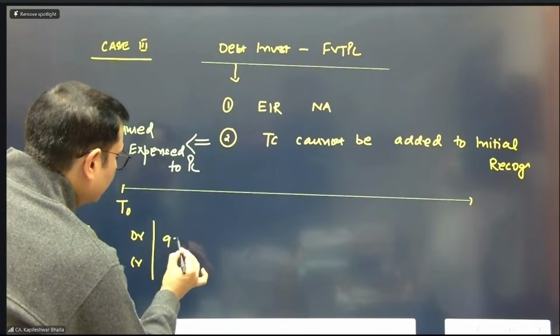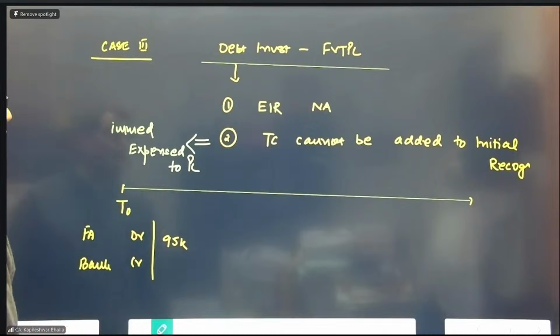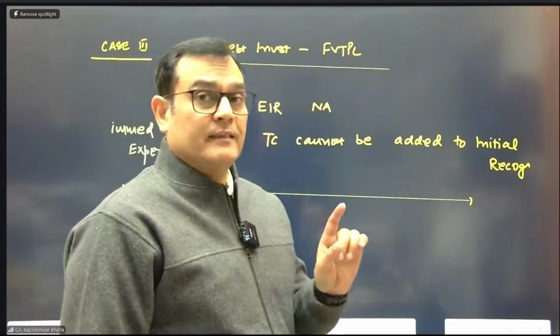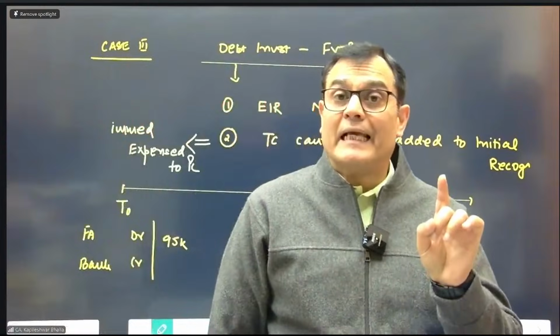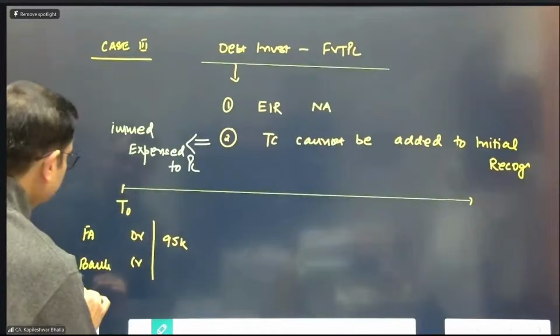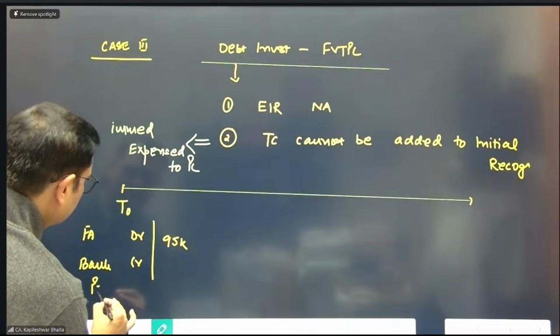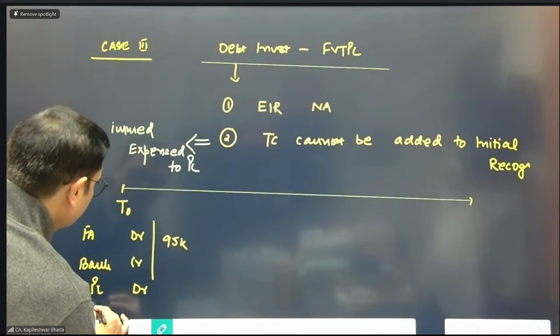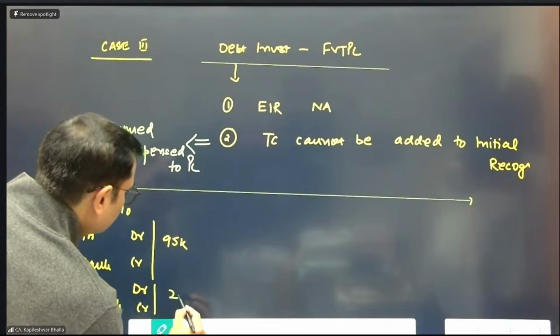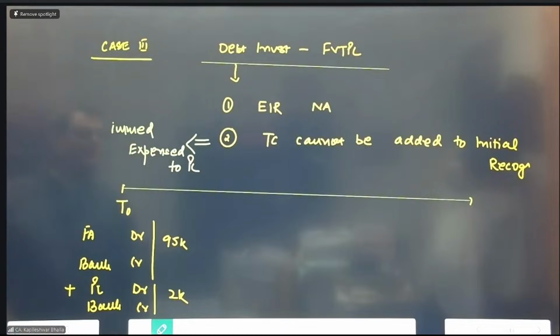This entry will be at 95,000 only, not at 97. The 2000 TC cannot be added to the financial assets. So we're going to put another entry. For the TC, the entry becomes profit and loss debit and the bank gets a credit. So this transaction cost is immediately expensed in the P&L.